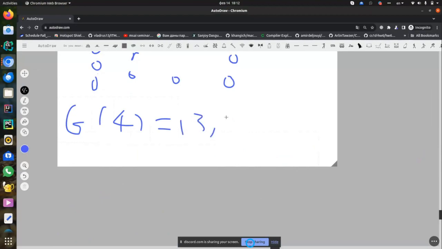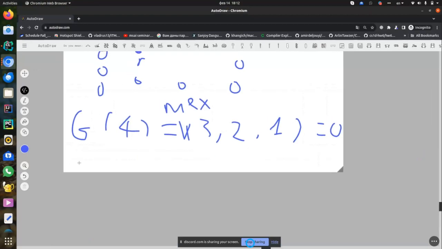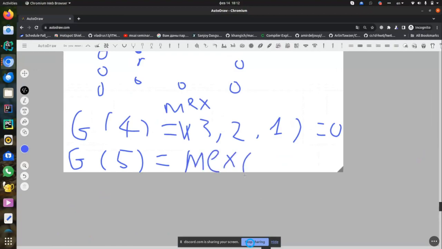It is equal to mex, and it's equal to 0, right? And Z5 is equal to mex of 2, 3, 4, and equal to 1.